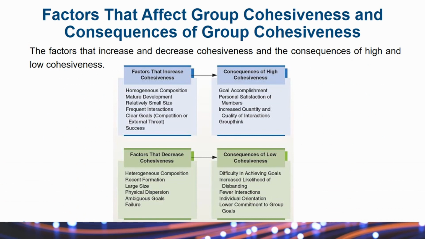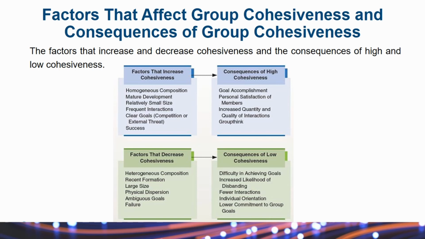This diagram shows the factors that increase and decrease group cohesiveness and the consequences of high and low cohesiveness. Factors that increase group cohesiveness can be homogeneous composition, maturity, small group size, and frequency of interaction.